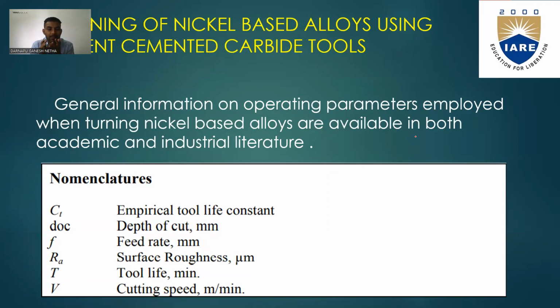Depth of cut. Whenever the tool is rotating at high speed, the depth of cut is defined as how deep the material is going to be cut, and the amount of material that is going to be removed.